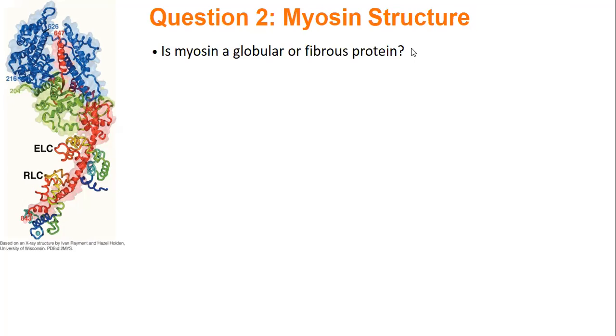So fibrous is like long alpha helixes. Globular is soluble alpha helixes and beta sheets. Myosin is made out of both, right? Here's fibrous, here's globular. So, trick question. I would never ask you something like that on the test and not give you the correct answer. That's just me being unfair to you. So the correct answer is both.